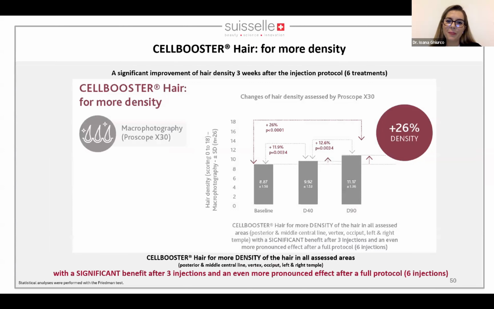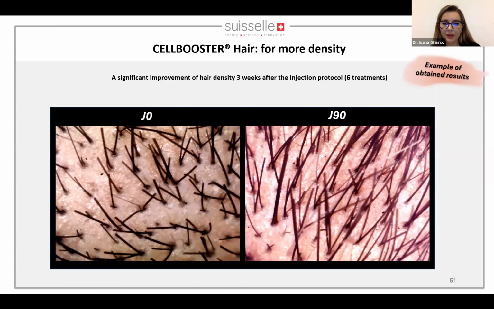Next slide, please. From a biometric point of view, using macro photography, the study obtained a 26% improvement in hair density. Next slide. And this is a photo showing the use of macro photography.